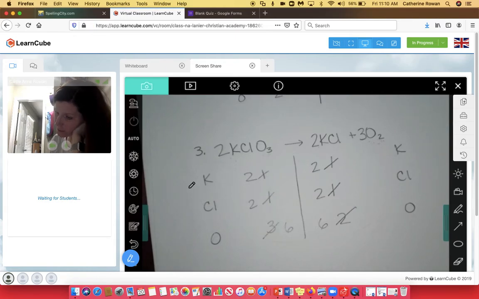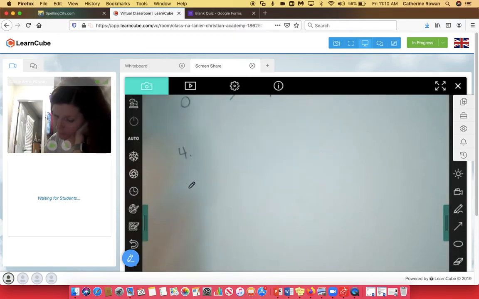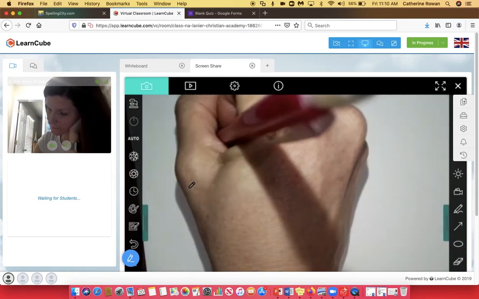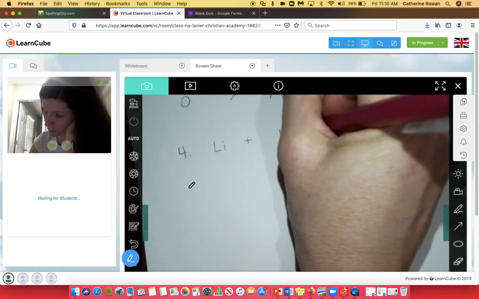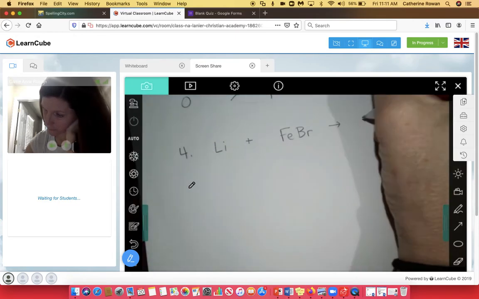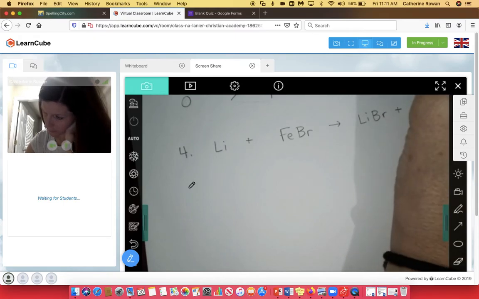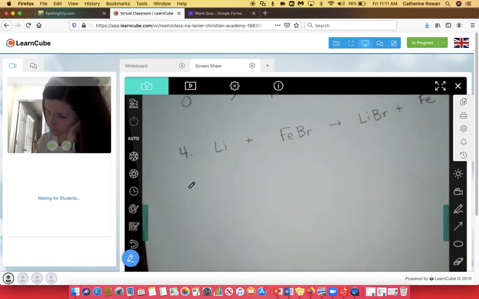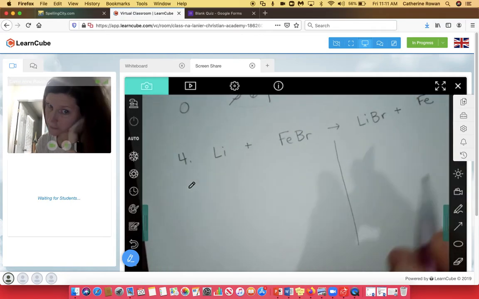Okay, that's number 3. Let's do the last one that I haven't gone over, number 4. Number 4 is lithium plus iron bromide yields lithium bromide plus iron. Okay, so let's make our chart.